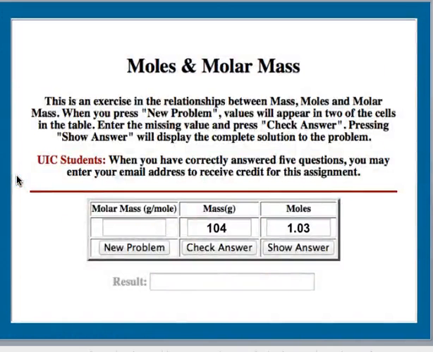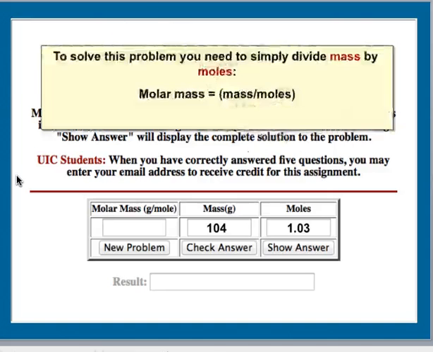All we have to do is take our grams and our moles and divide them. When we do that, 104 divided by 1.03, we have 100 grams per mole as our molar mass.